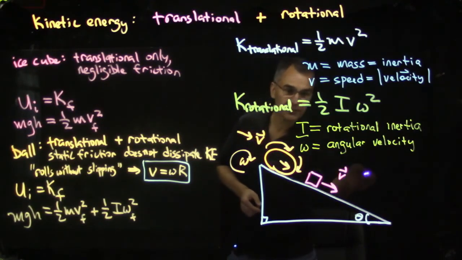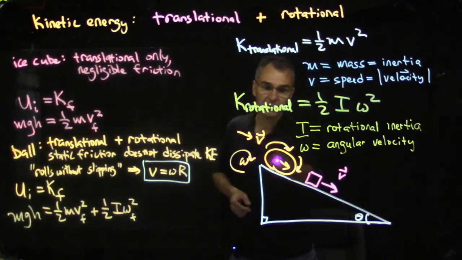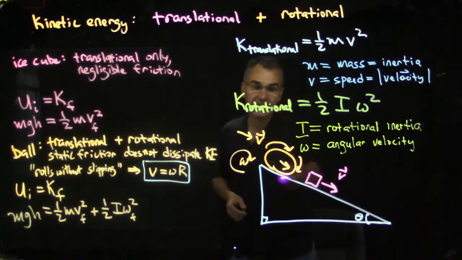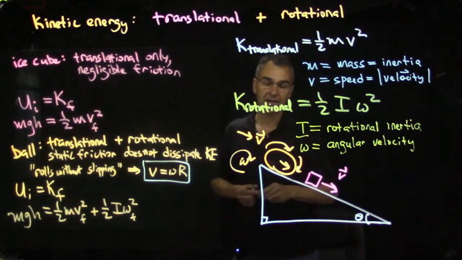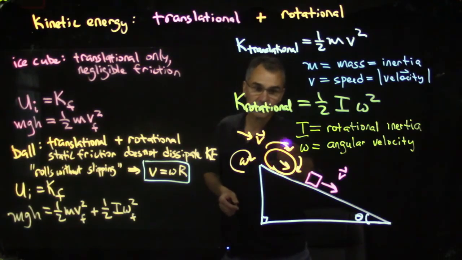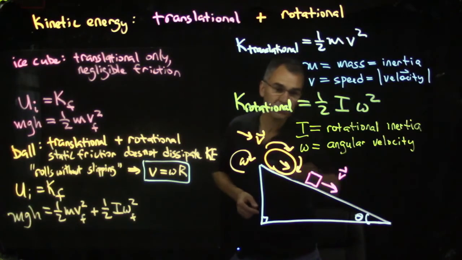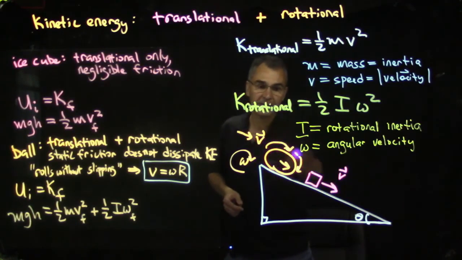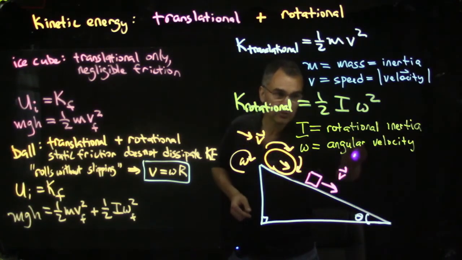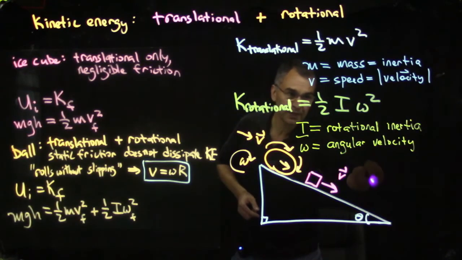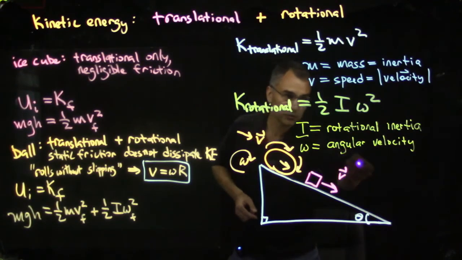So for the ball, there is both translational kinetic energy and rotational kinetic energy. And as a matter of fact, the rate of rotation is related to the speed downhill, because if the ball rolls without slipping, then every time the ball goes around 2 pi radians, it must move 2 pi r distance.